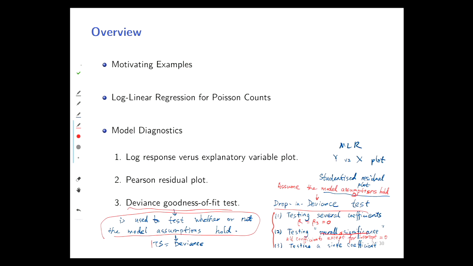The test statistic for the deviance goodness of fit test is exactly the deviance, but the test statistic for the dropping deviance test is the drop in deviance, basically the difference of the deviances. So when we compute them, they are also different. If you still have any concerns about the difference between these two, do not worry, because I'm going to repeat it again by using the Poisson log linear regression model.